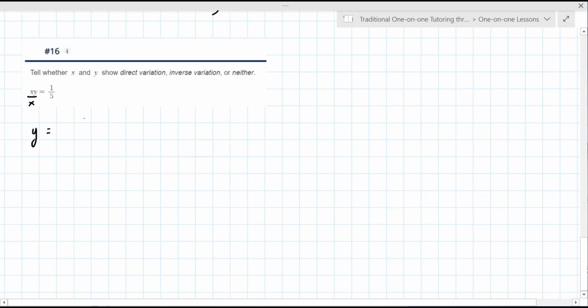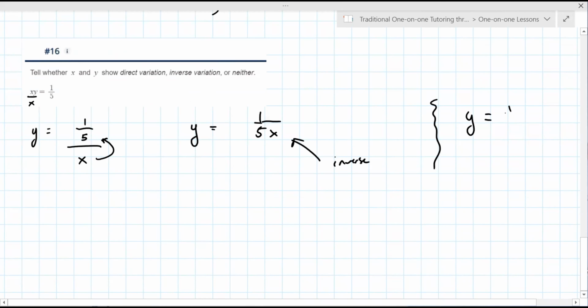So it's y equals 1/5 divided by x. And I showed you earlier, you can move it into the denominator. When x is in the denominator, this is inverse. But if it were like y equals 1/5 times x, this would be direct. So whenever the variable x is in the bottom, it's inverse variation.